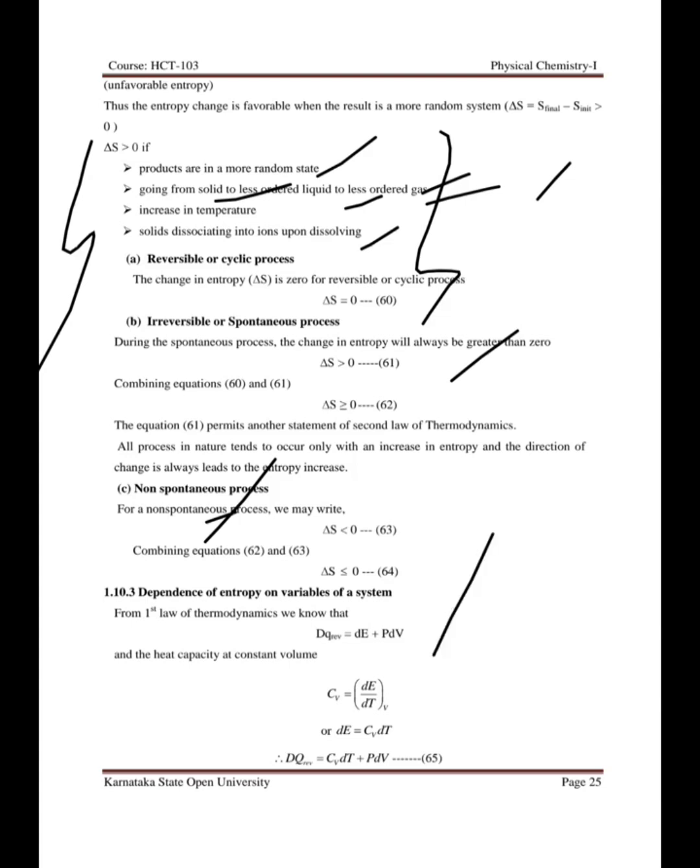So at constant volume, dV will be zero. So with respect to volume, equation 65, that is dq reversible is equal to Cv dT plus P dV, with respect to constant volume.